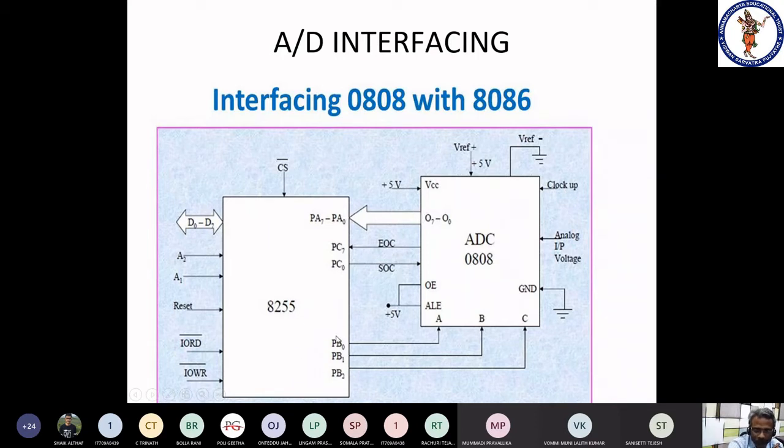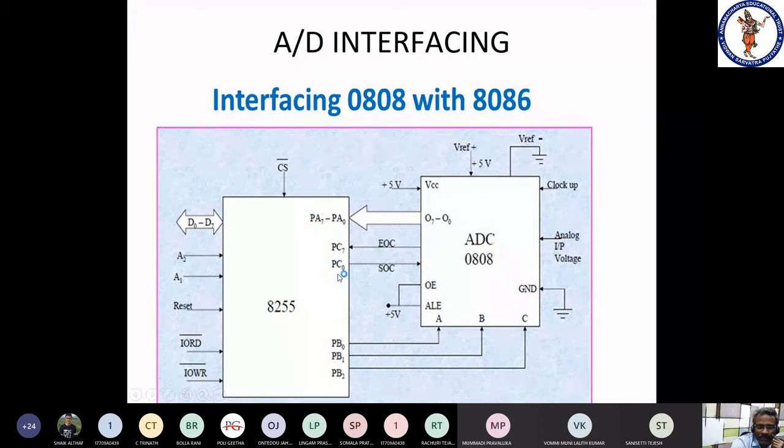Next, port B is used to select one of the analog inputs, so this port acts as an output port for the selection of the source. And this data is sent by the processor.